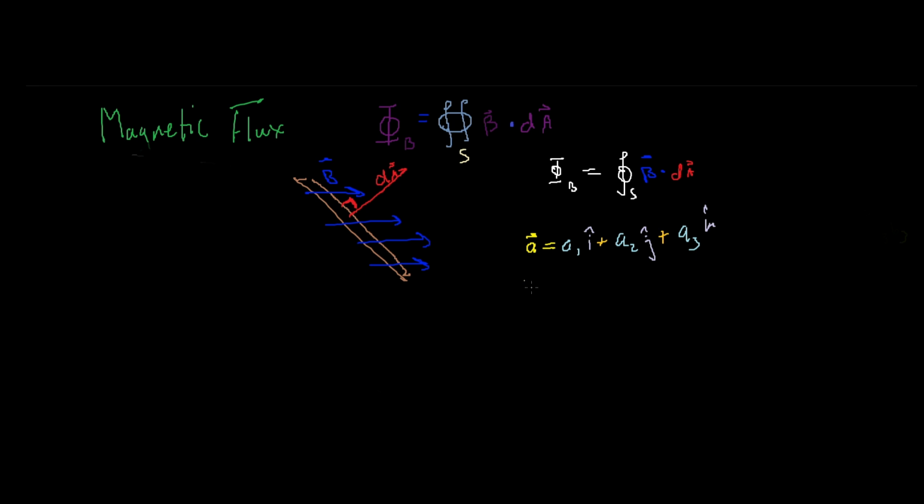Then we have another vector B, which is just the same, but with B's components. It has B1 in the I direction, added to B2 in the J direction, B3 in the K direction.